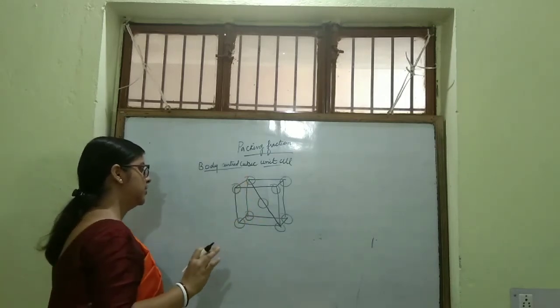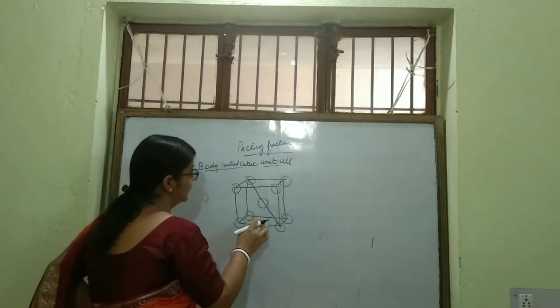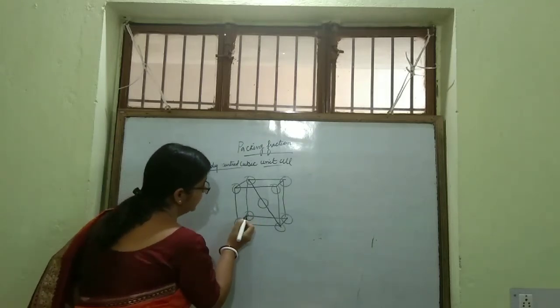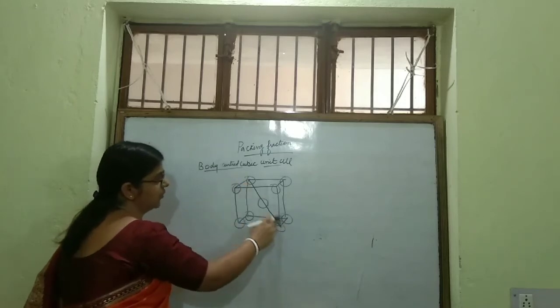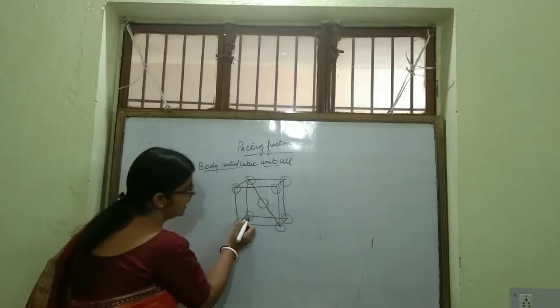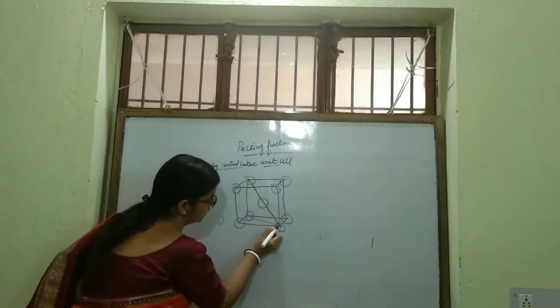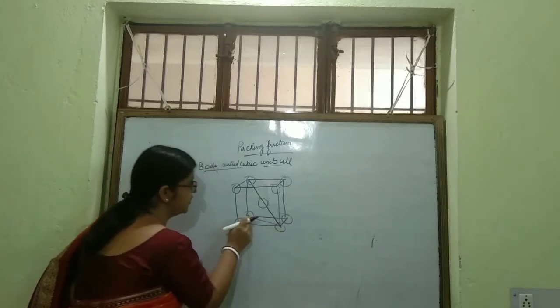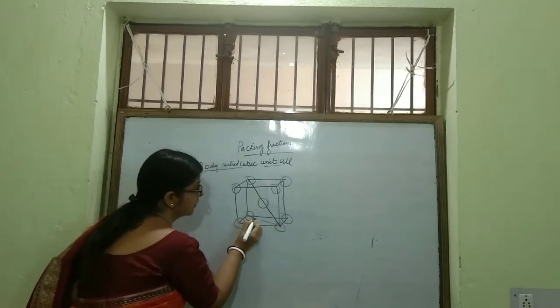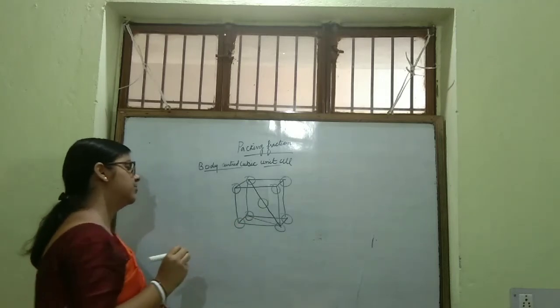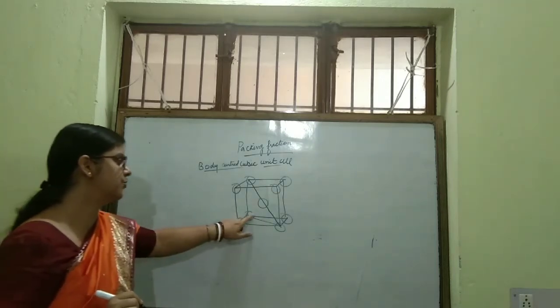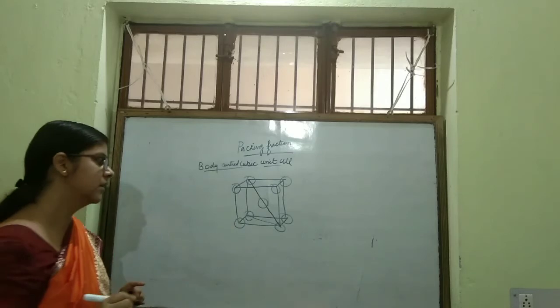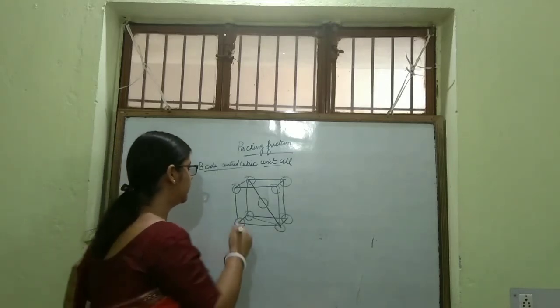Now, for this, again you will do one construction. One, you are putting this line for body diagonal. Again another line you are putting here. It should be straight. Now you see, you are getting two triangles. Now with anything you can mark.